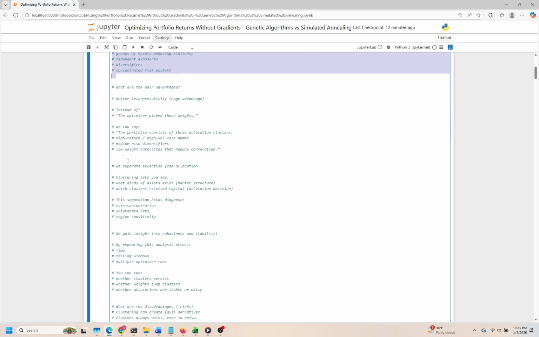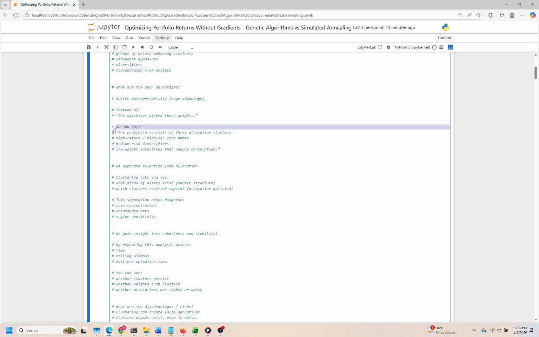The advantage of this method lies in its improved interpretability. Instead of simply reporting the output from an optimizer, we can articulate that our portfolio is composed of distinct allocation clusters, such as high-return core assets, medium-risk diversifiers, and low-weight satellites that aim to reduce overall correlation.